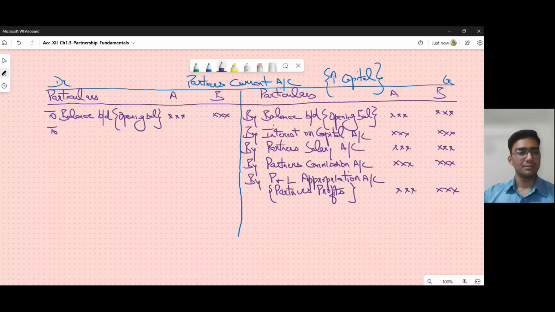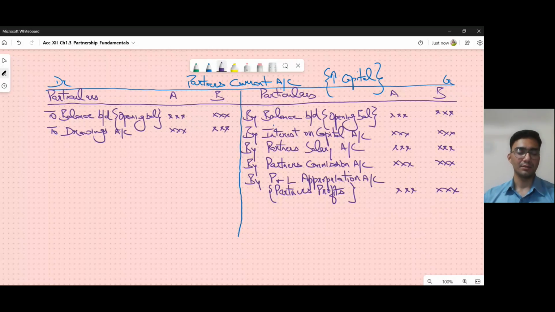The second item is drawings. So to drawings account. What does this mean? This is an item which is going to reduce the capital. We can relate it with our balance sheet, which we have learned in class 11.